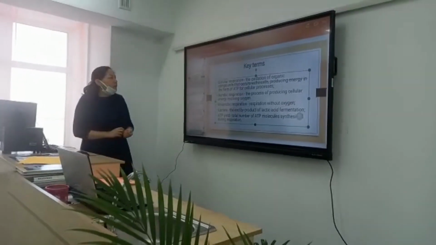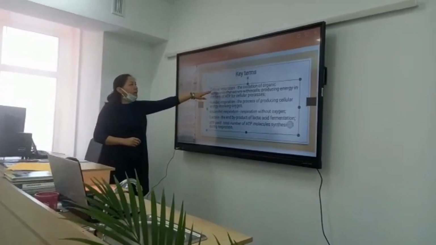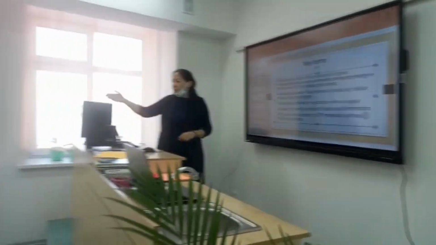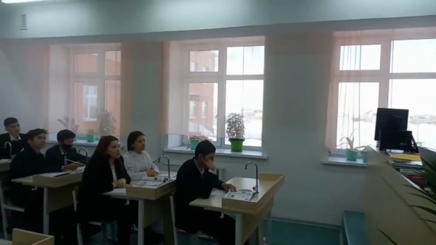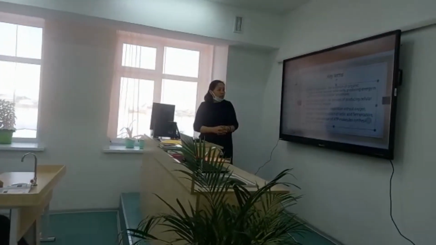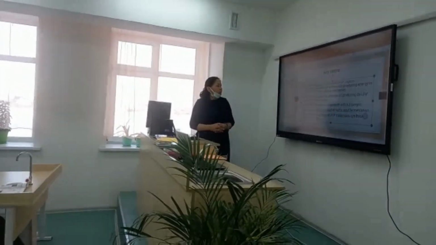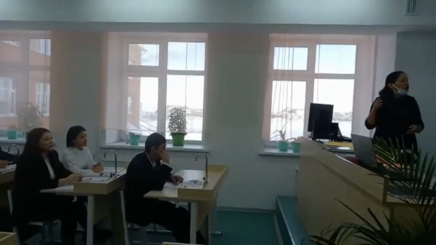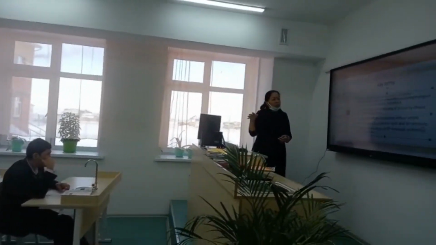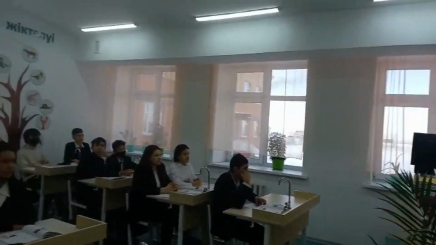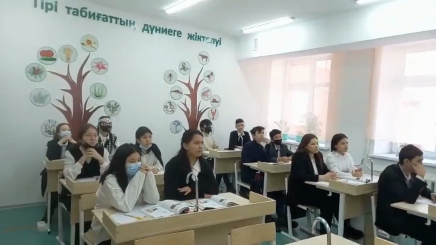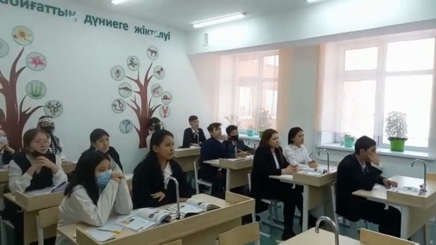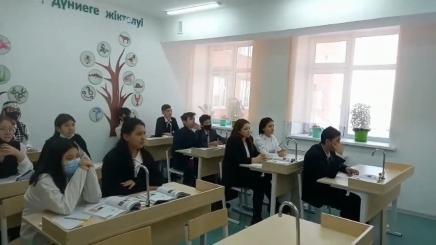Let's read key terms. Translate. Cellular respiration: the oxidation of organic components that occurs within cells, producing energy in the form of ATP for cellular processes. Okay. Aerobic respiration and anaerobic respiration. Roshan: aerobic respiration is a process of producing cellular energy involving oxygen.